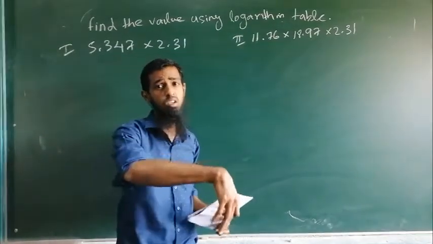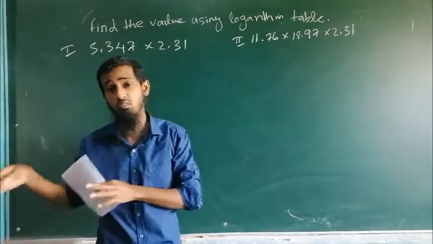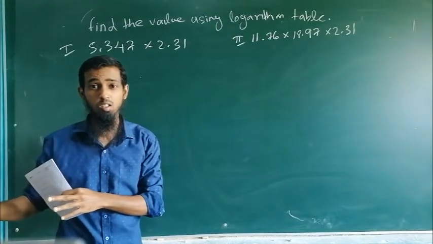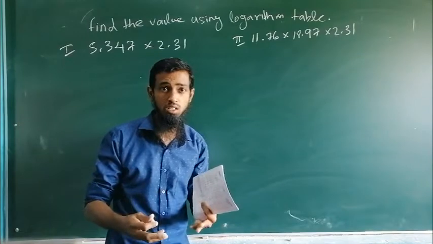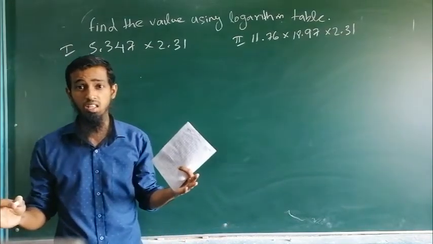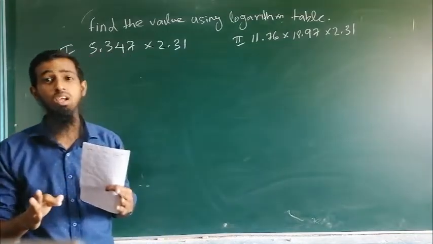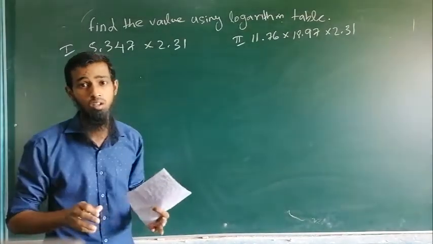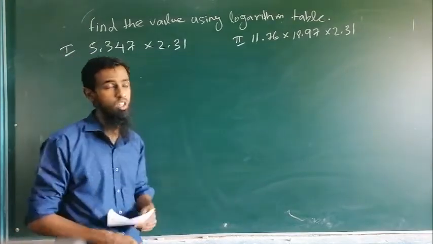Altogether, after the multiplication you get 6 decimal places. So there are so many places for error. We need accurate values and we can't waste our time while we multiply. So we use the logarithm table. That is the use of the logarithm table.